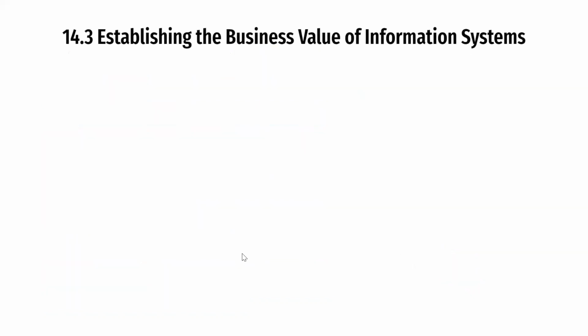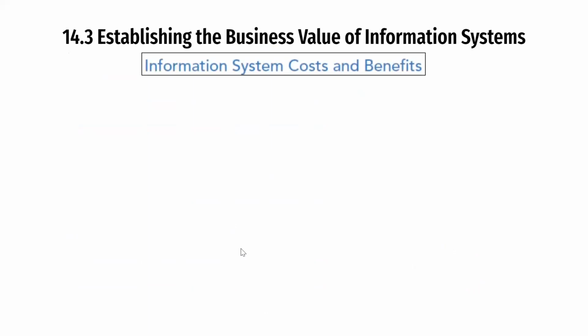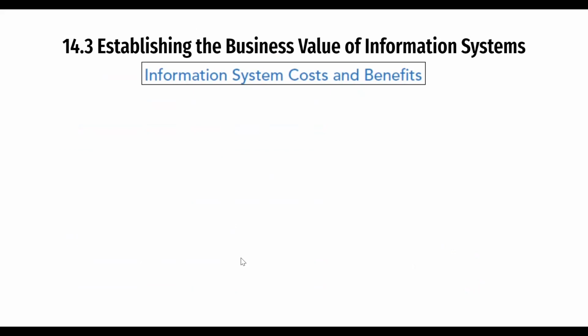14.3, establishing the business value of information systems. Even if a system project supports a firm's strategic goals and meets user information requirements, it still needs to be a good investment for the firm.